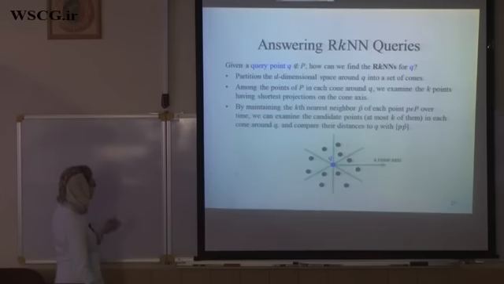So before Q got there, I was maintaining the kth nearest neighbor of each point as a function of time. And now what we need to do is process the points in these cones and see if any of those points beat the kth nearest neighbor. We know the distance from each point to its kth nearest neighbor.